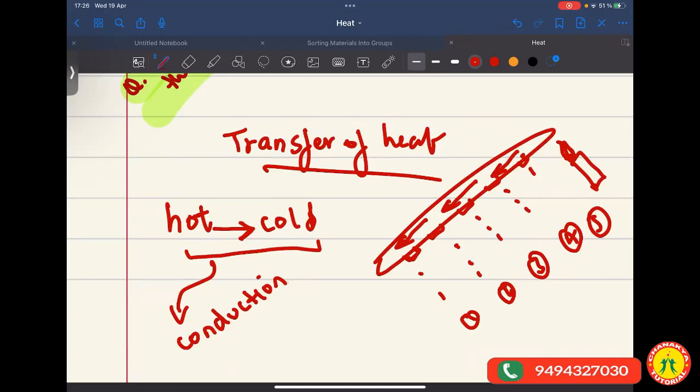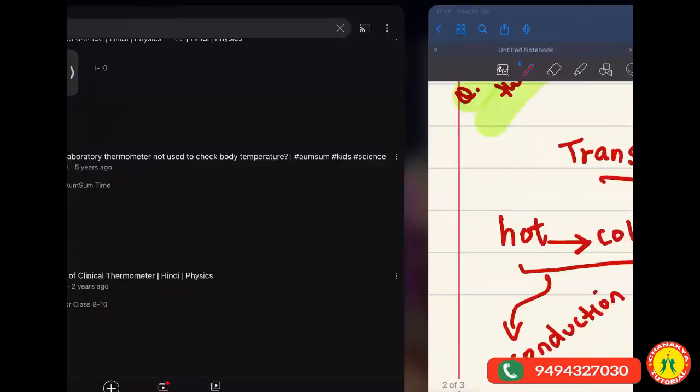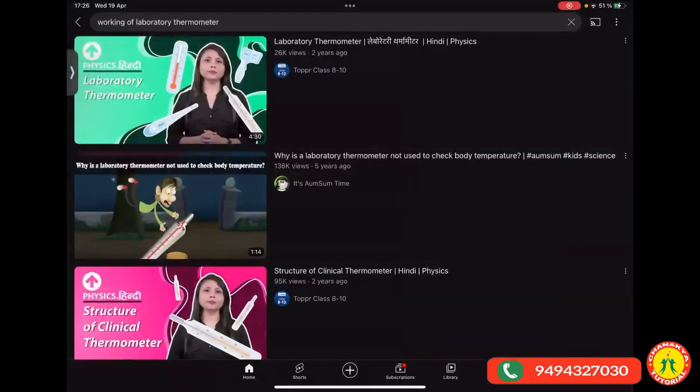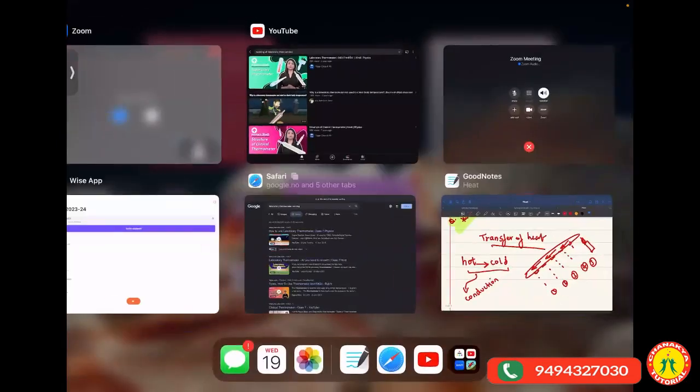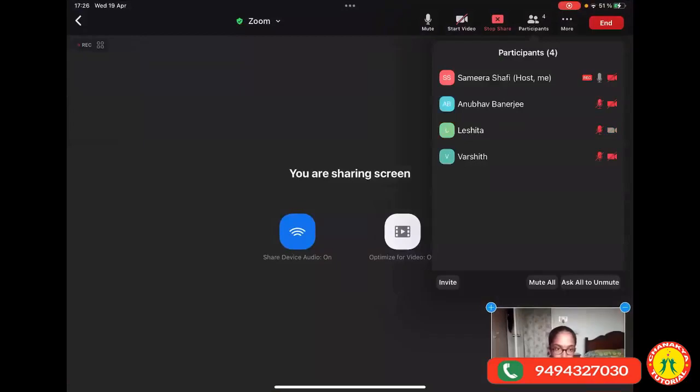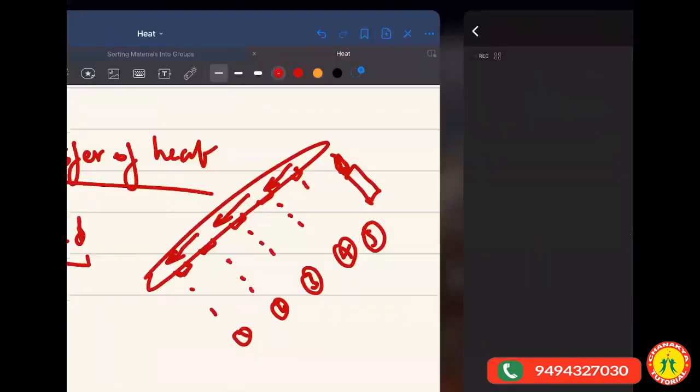Anubhav is saying no. What about you, Lashita? Does all substance conduct heat? No, ma'am. What about you, Ashit? No. Why no? Why doesn't everything conduct heat?